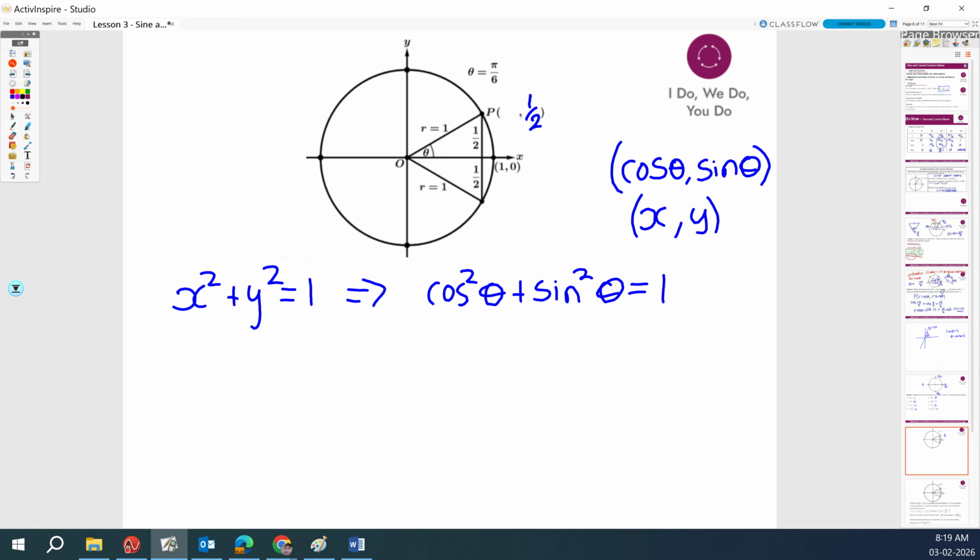This formula is hugely important, and it even has its own name.